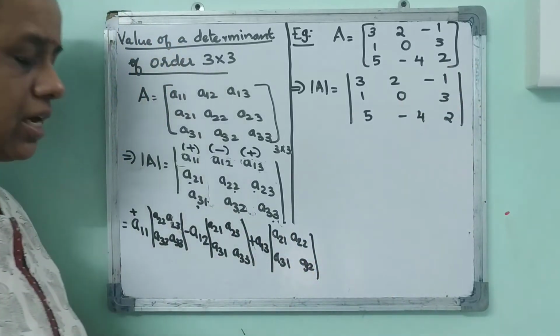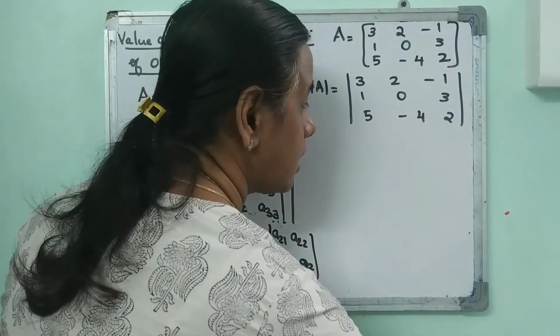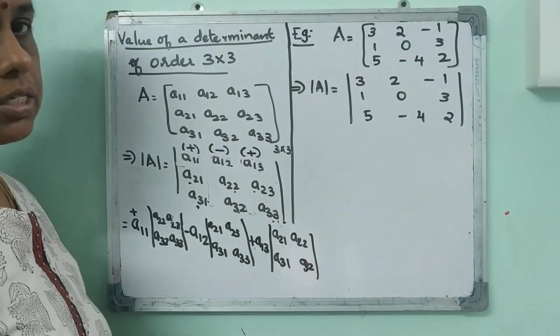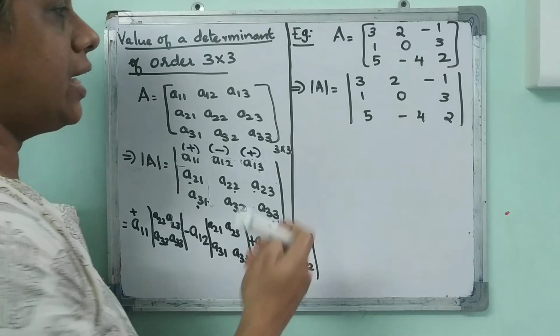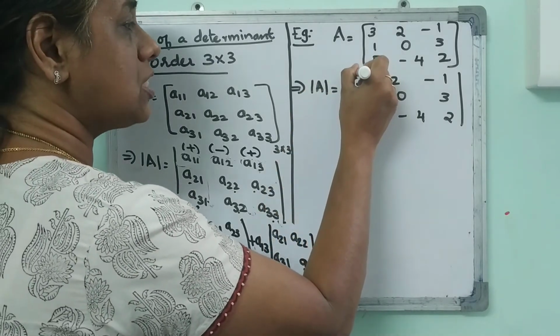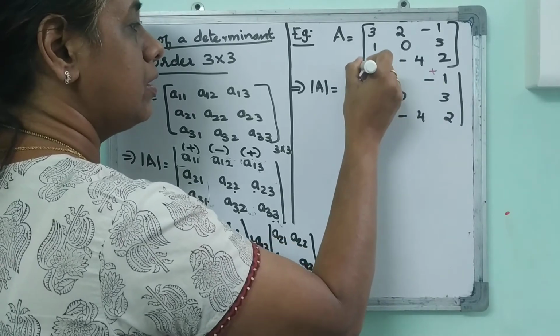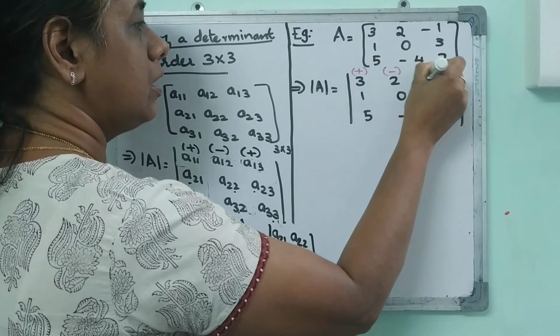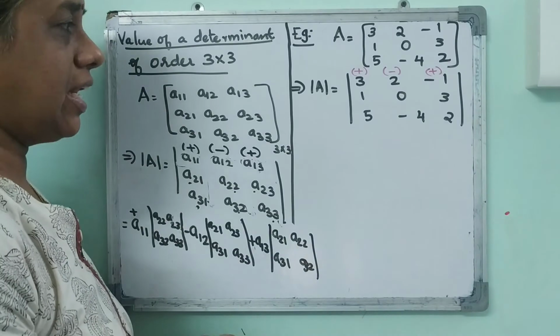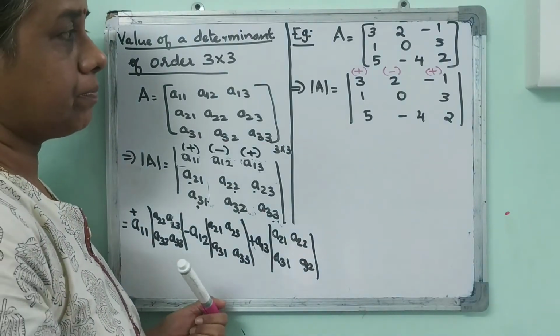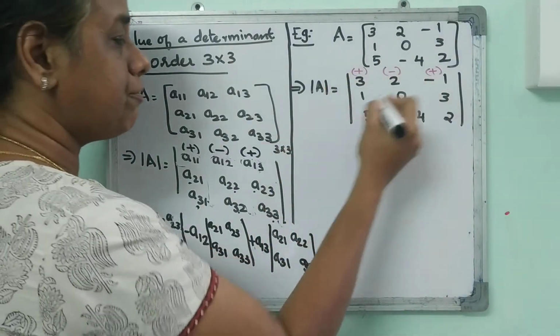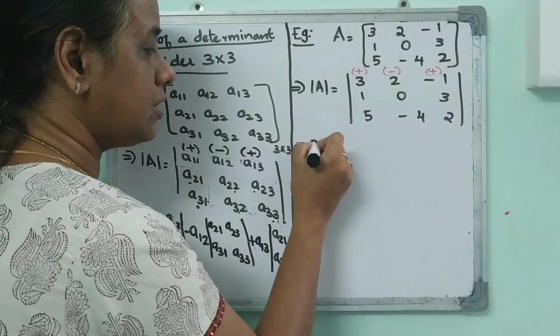Now what I said here is that you consider the elements in the first row and adopt alternate positive and negative signs for them. So I have taken the element 3.